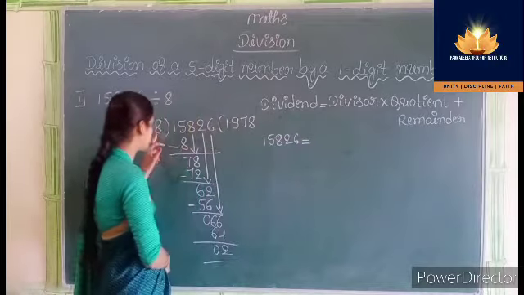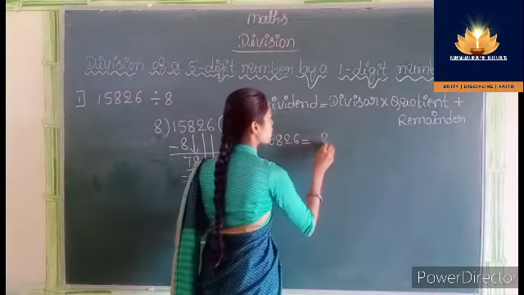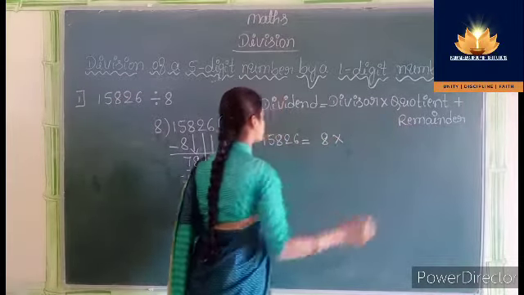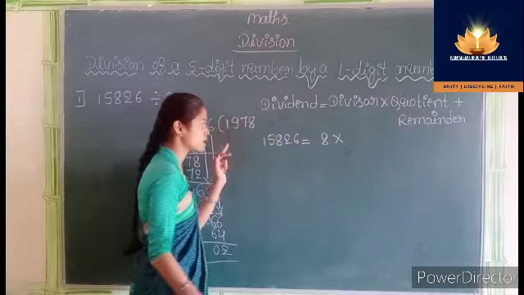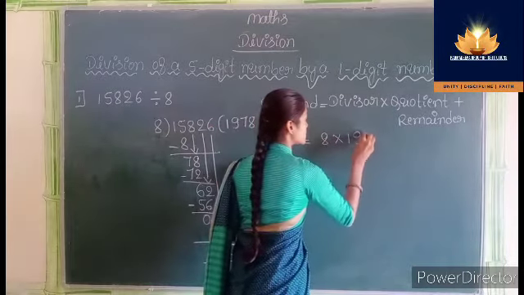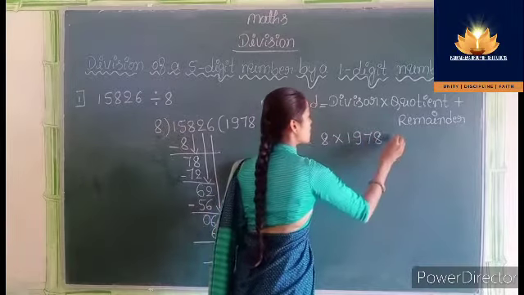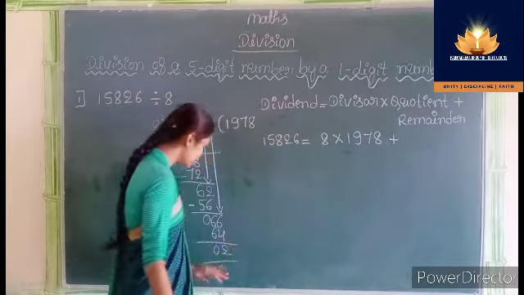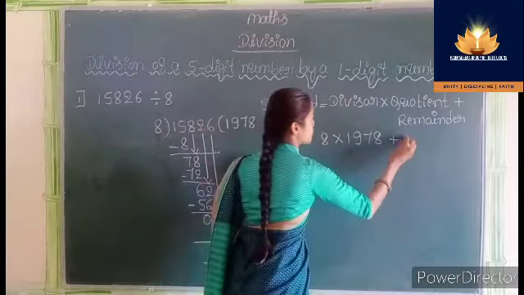Divisor, that is 8, into quotient, we get 1978, plus remainder, that is 2.